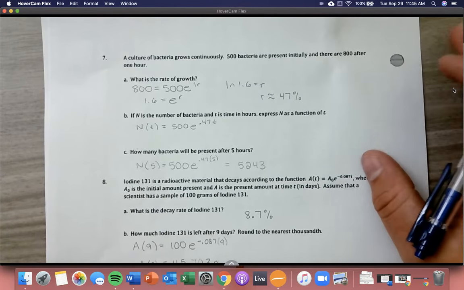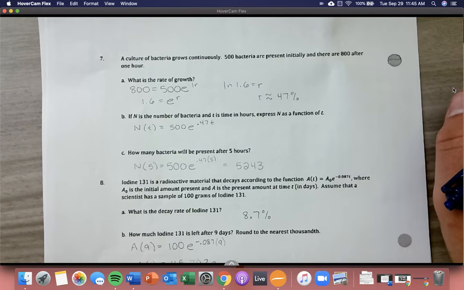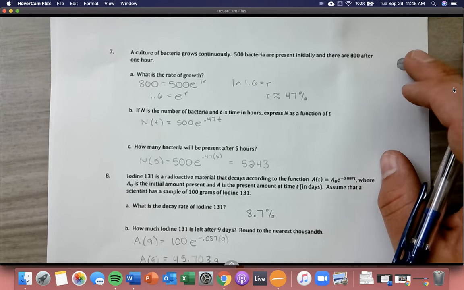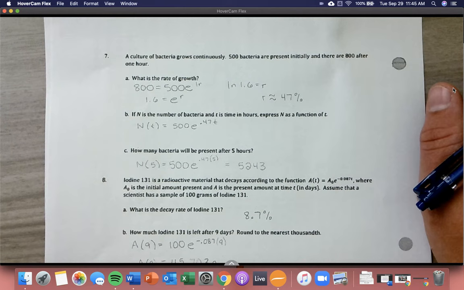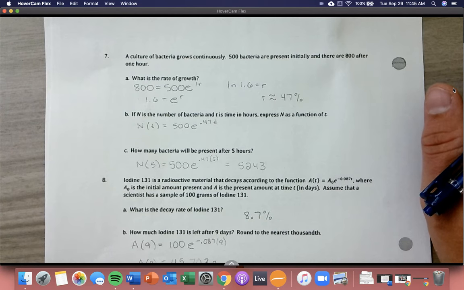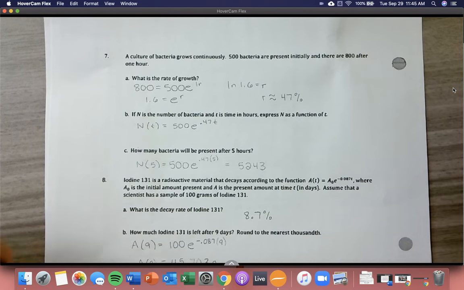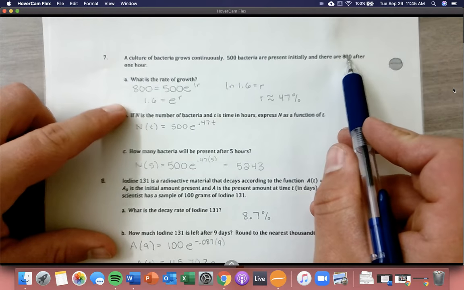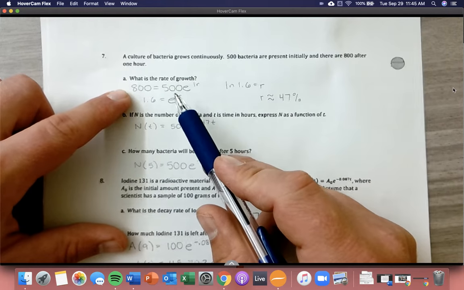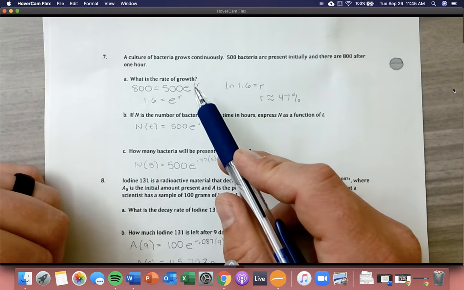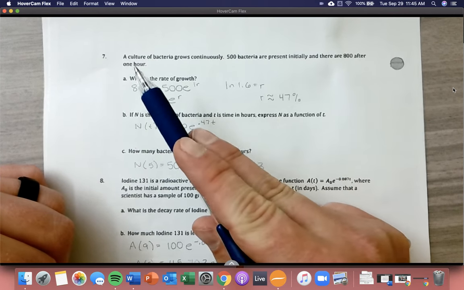Number 7. A culture of bacteria grows continuously. 500 bacteria are present initially, and there are 800 after 1 hour. What's the rate of growth? Here we know that the amount it grows to is 800. It starts with 500, and the time in this case is 1 hour.